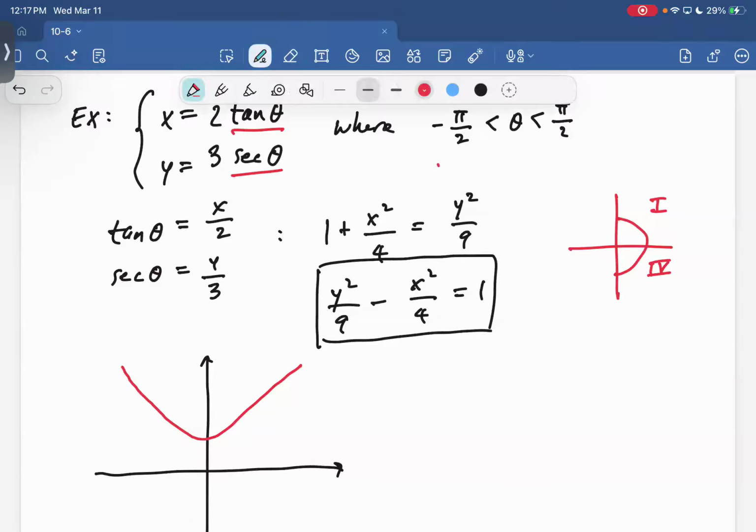So theta is in quadrants 1 and 4. Therefore, cosine is positive, which means that secant is positive. And then because y equals 3 secant theta, that means y is also positive. And if y is always positive, that means we only preserve the upper branch of the vertical hyperbola.